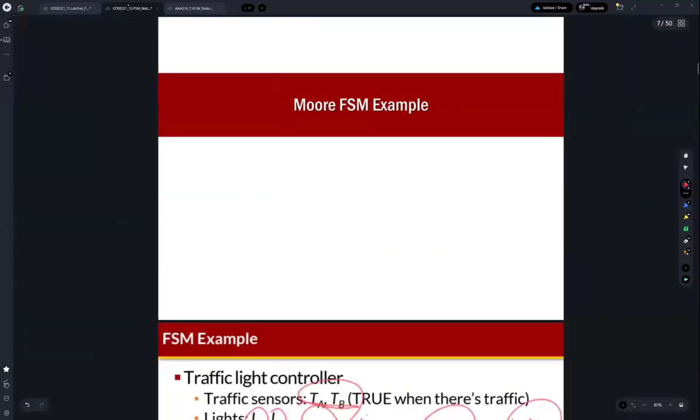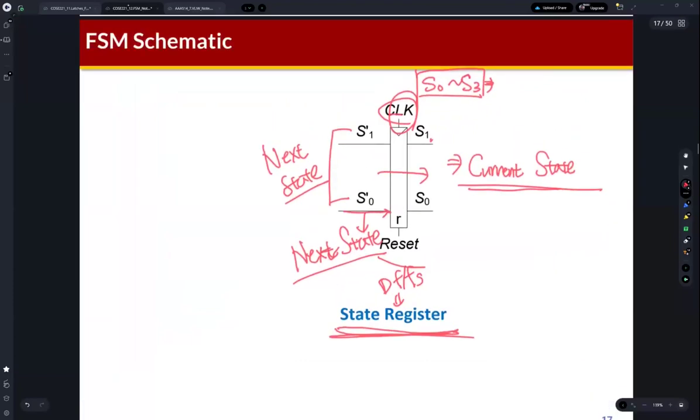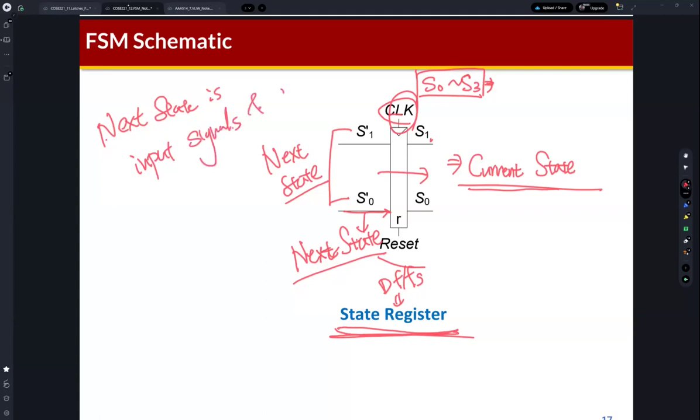So in the Moore FSM, and actually in all types of FSM, next state is generated by input signals and current state, right?